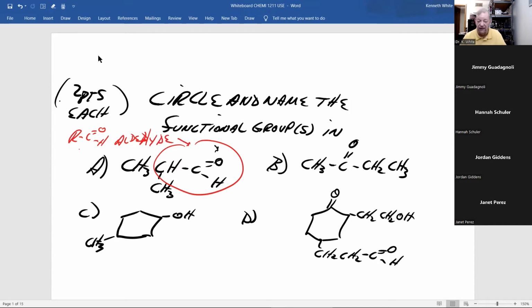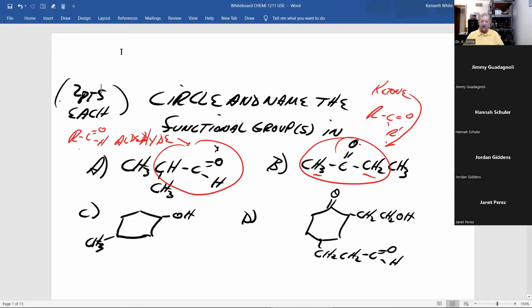Now let's go to B. Ooh, another oxygen. And it's got a carbon here, double bonded carbons here and here. And what is this? It's a ketone. Therefore, that's a ketone. And you write, circle it and say, write ketone.